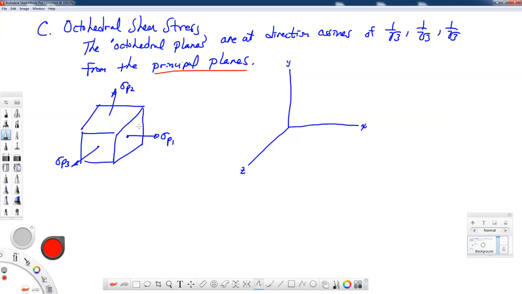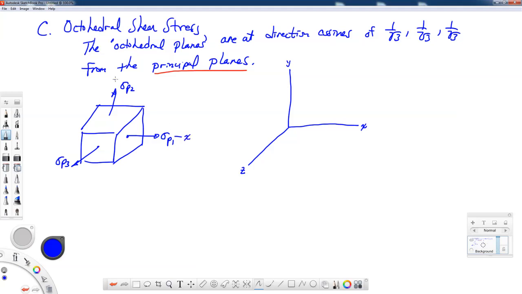So instead of having an arbitrary state of stress where we have shearing stresses and normal stresses, we're starting off with a very particular state of stress where we are already in the principal stress directions. And these principal stress directions form the basis of our coordinate system that we're going to use for this discussion. So this is a little more special than what we have done before.